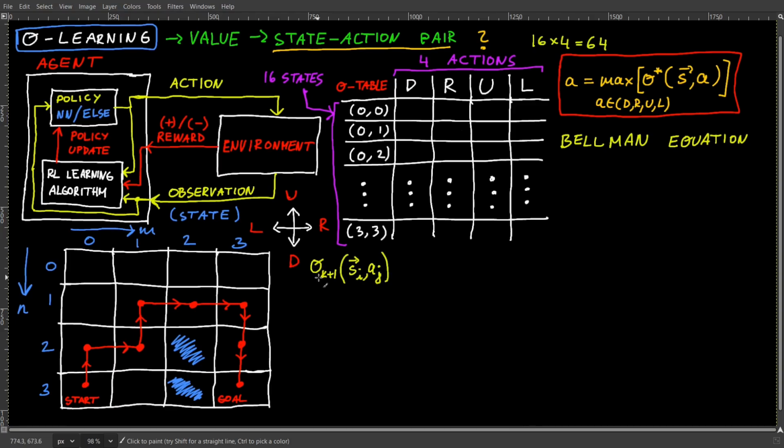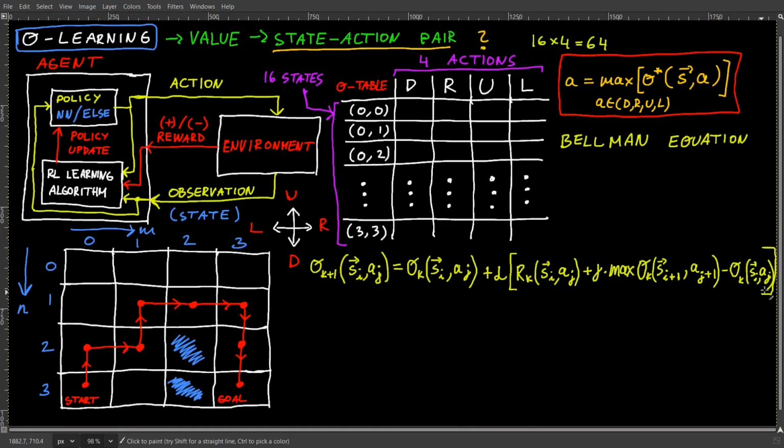Q value at time k plus 1 for some kind of state and action equals the Q value for the same state action pair at time k, so one time step before, plus a constant times the immediate reward at time k for the same state action pair, plus another constant, gamma, times this minus this. So let's go over all of the components in this equation.